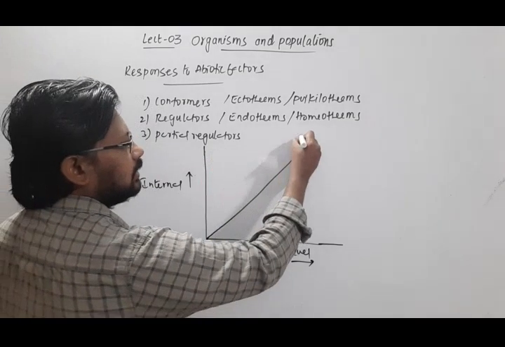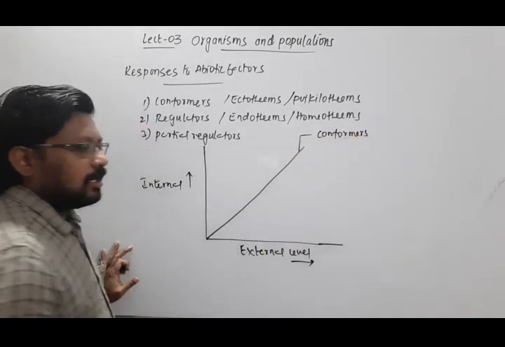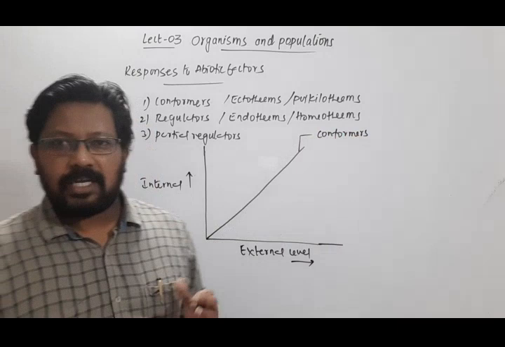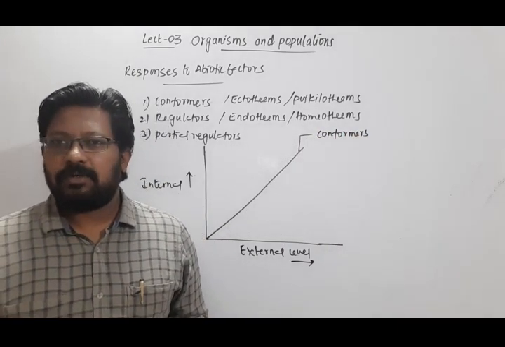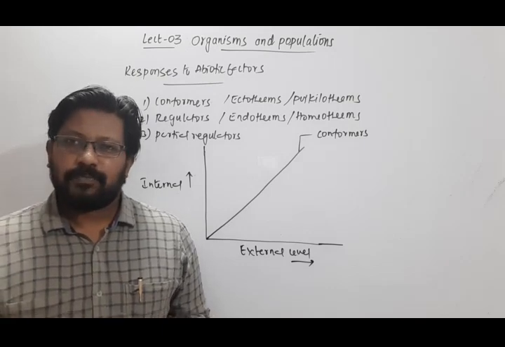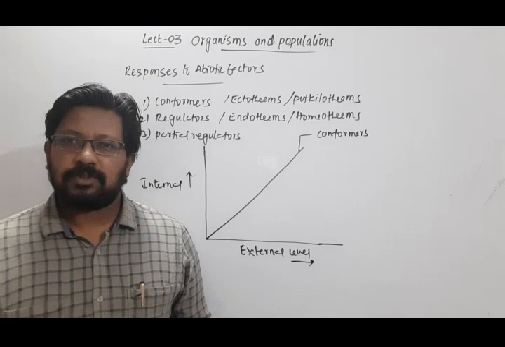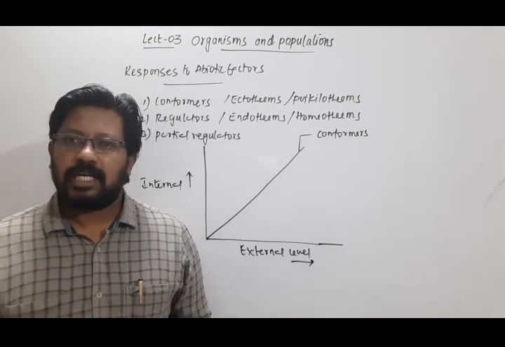So these are conformers. That is the reason if the temperature becomes very high in the surrounding environment, they will not be able to cope up, hence they move to some other location. That's why we see in some cases the organisms go for hibernation and some will go for estivation.